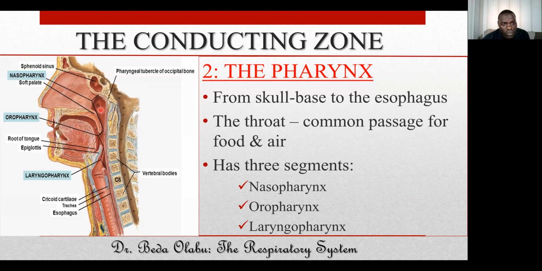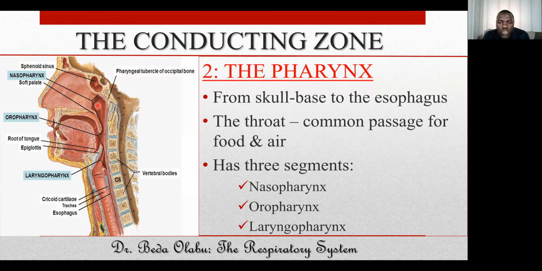Right. I want to say something more about the nasopharynx. The nasopharynx is not just connected to the nasal cavity only. Of course, as we can see, it's also continuous with the oropharynx. But there's another thing I want to talk about. Now, you can see an opening there. That opening is the opening of the Eustachian tube.